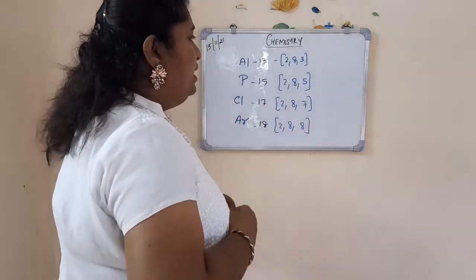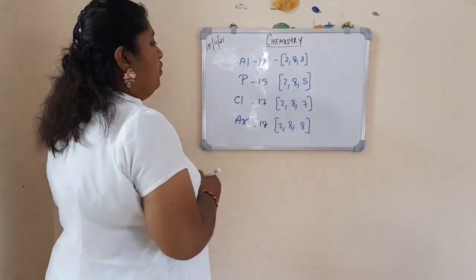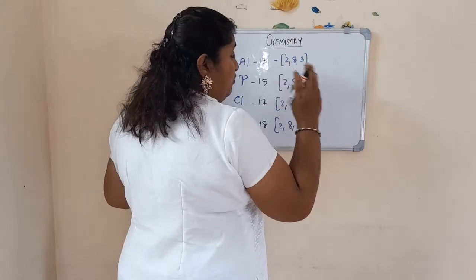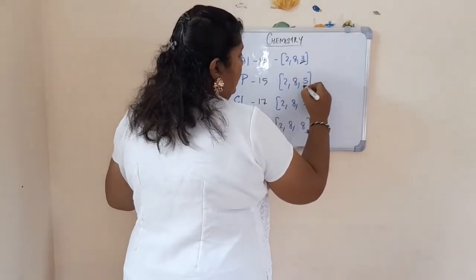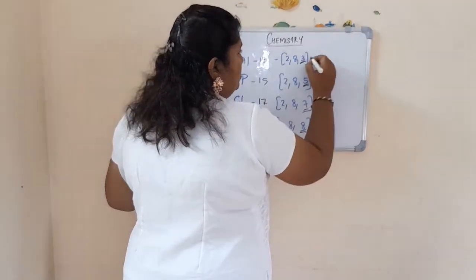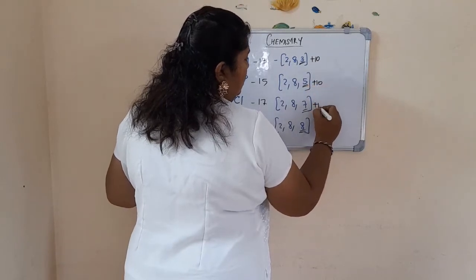So here, if you want to find out the group number of these elements, what you have to do? If the number of electrons in the outermost shell is 3, 5, 7, 8, etc., just add 10 to it.